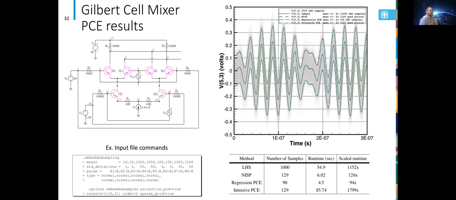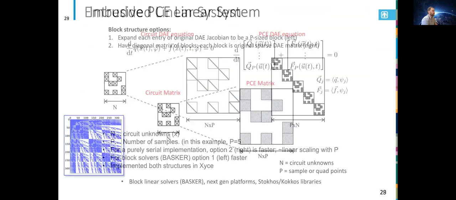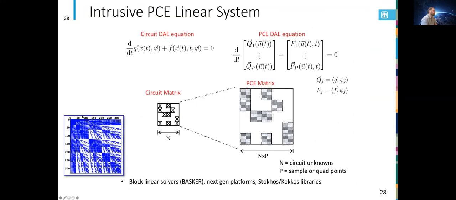The fully intrusive PCE was not as positive of a story here. That's not too surprising. I haven't really optimized the solvers yet, but if you're trying to solve matrices that look like this blue thing here, there's a lot more work to be done.